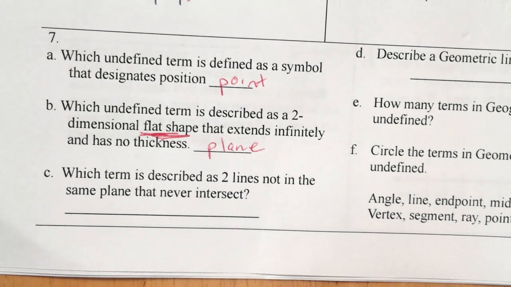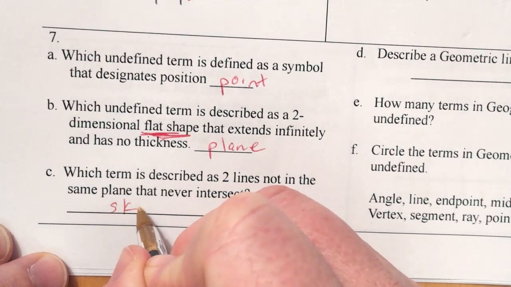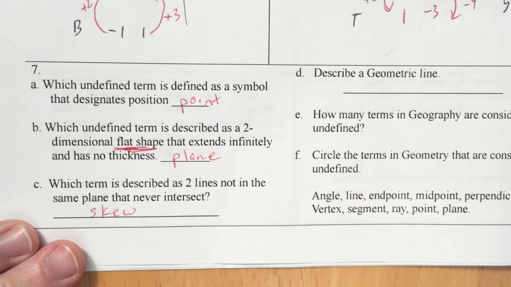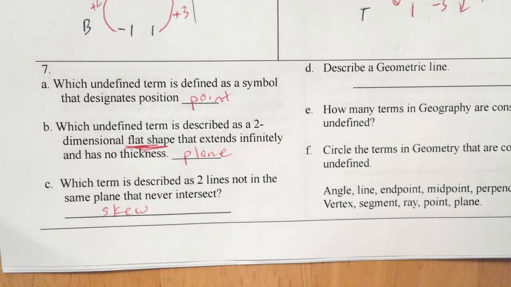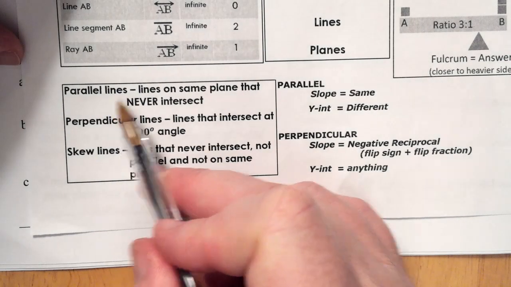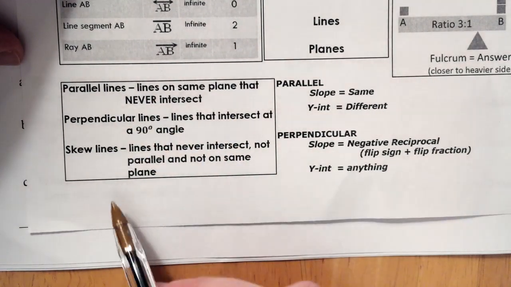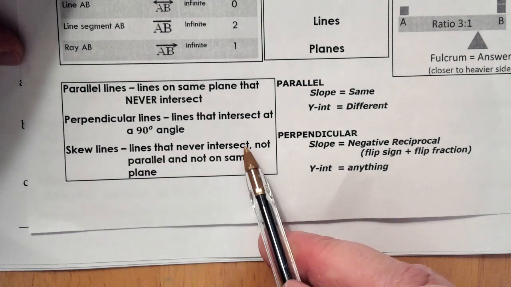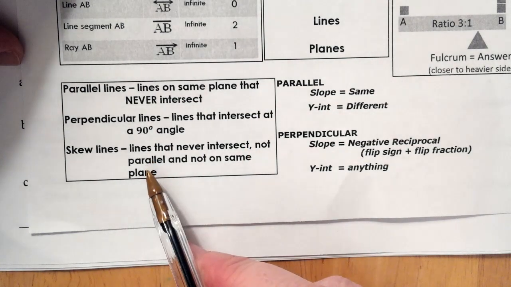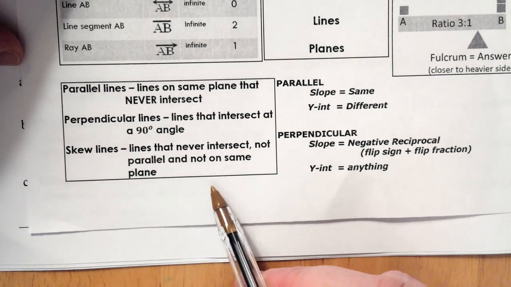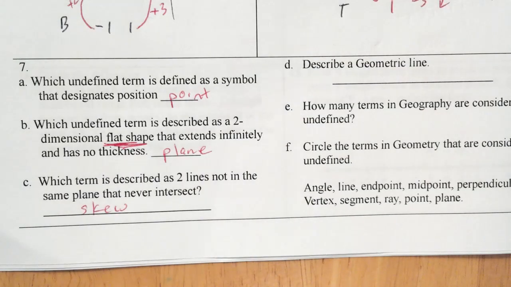That would be skew. Those are skew lines, which actually is right here. So we have parallel lines, we have perpendicular lines, which intersect at a 90-degree angle. We have skew lines that never intersect, and they are not parallel, and they're not in the same plane. So that was more words there.